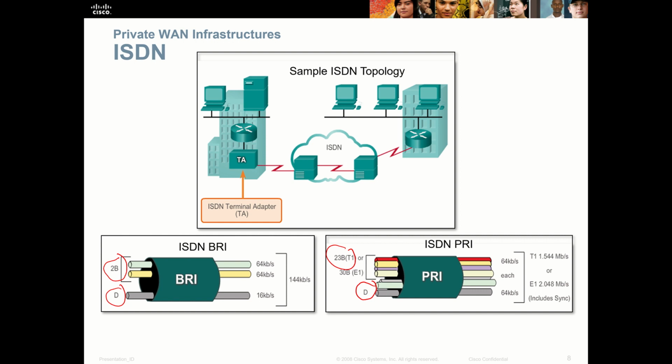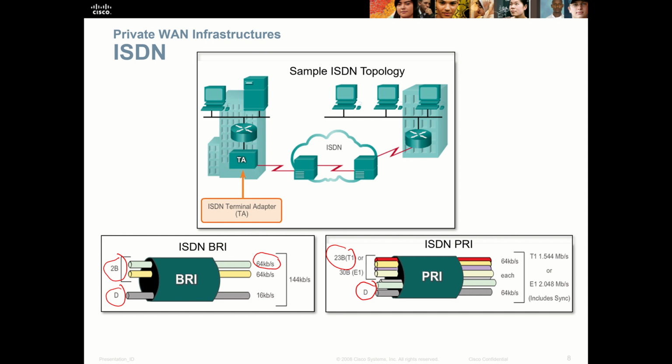These are the similarities. What makes them different is the number of channels they use. BRI only uses two B channels, one for up and one for down, and a single D channel. Each channel has a bandwidth of 64 kilobits per second, hence the reason why BRI is usually used for smaller companies.